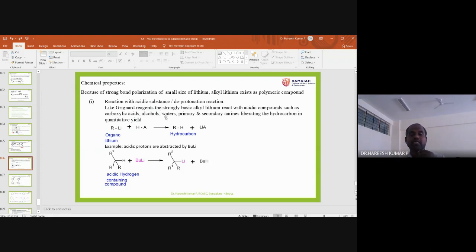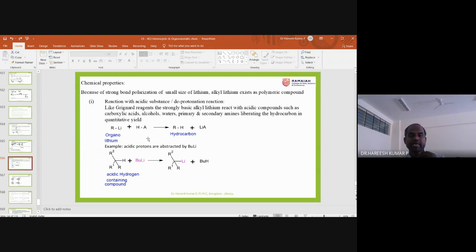Carboxylic acid is a proton containing compound. Alcohol is proton containing. Amine is also a proton containing one. So when organolithium is treated with a proton source, which may be a carboxylic acid or a phenol, acidic compounds, what will happen?